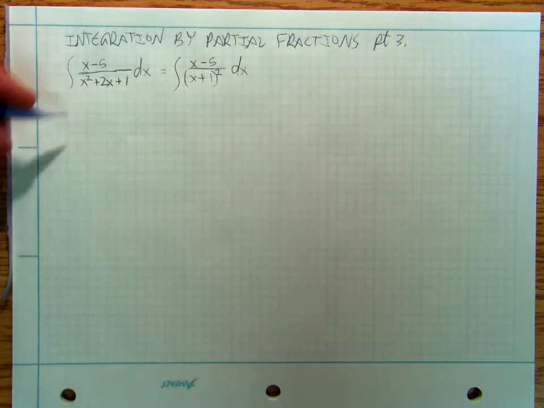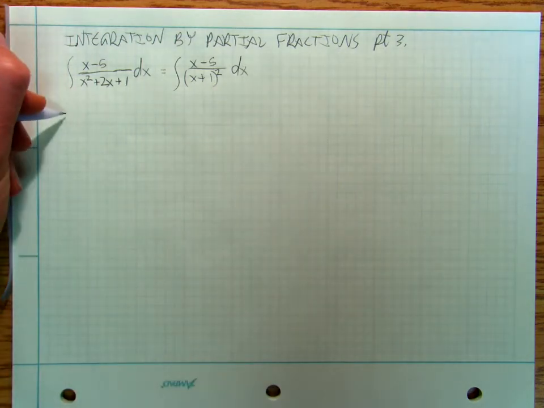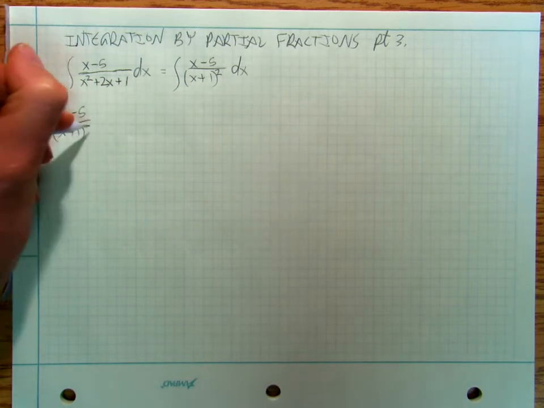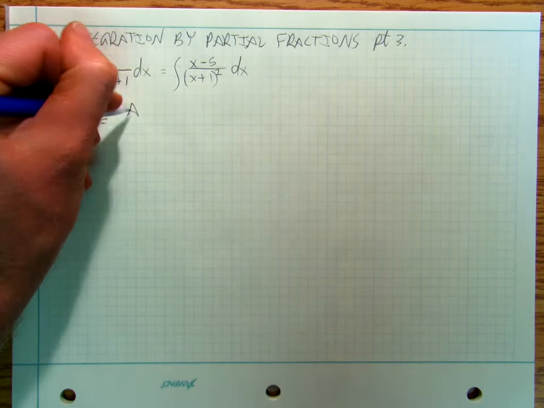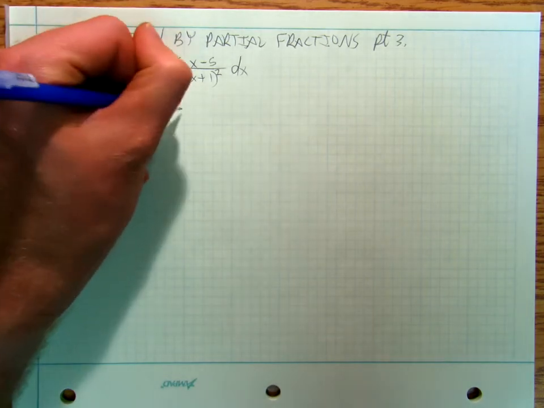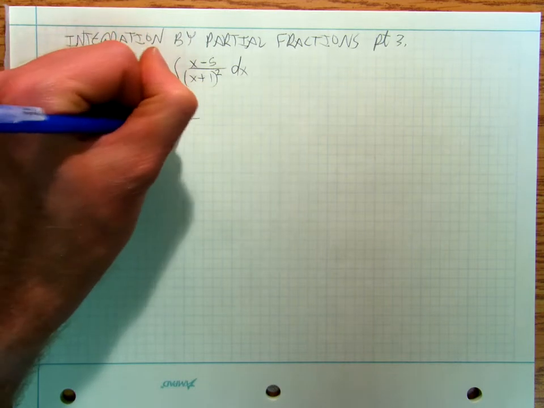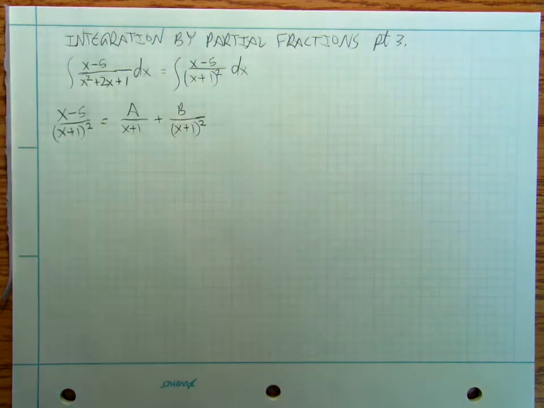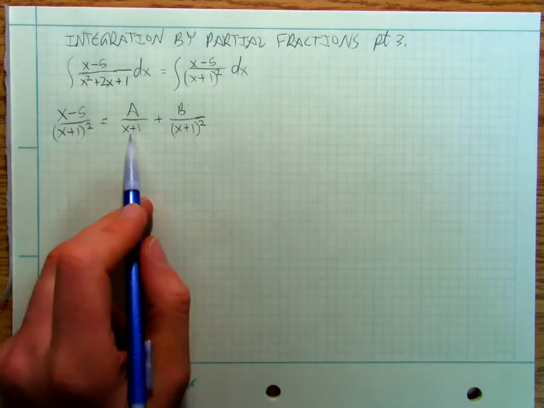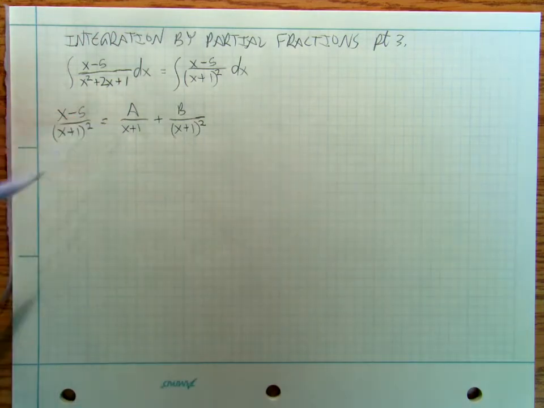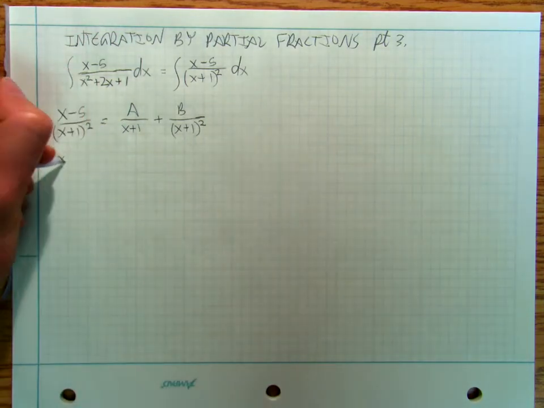Because I've got a repeated factor, I've got to break this into an x plus 1, and then an x plus 1 squared.